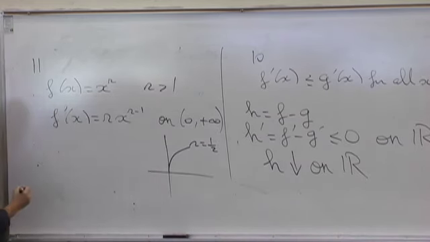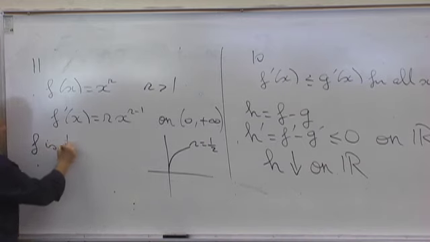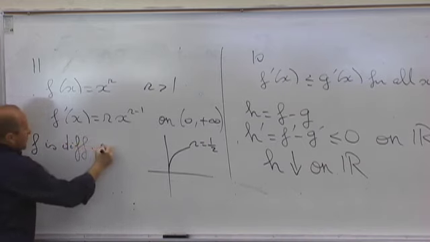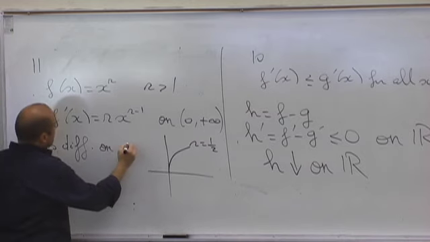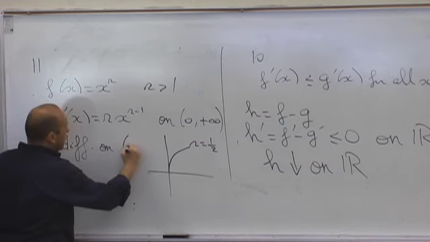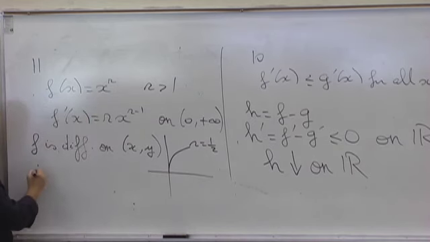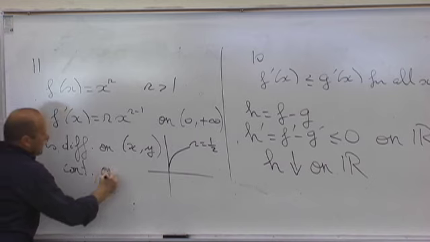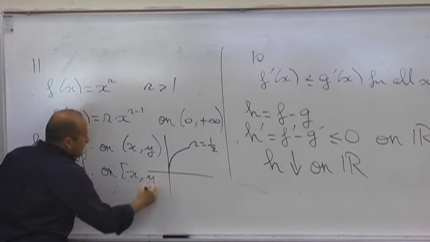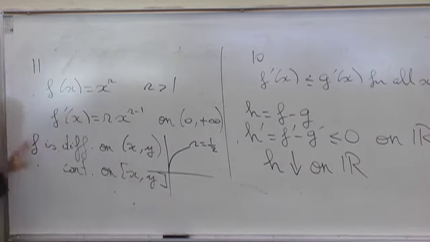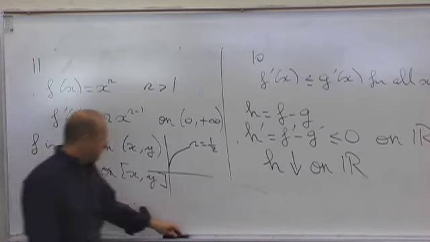So we write that f is differentiable on (x, y), where x and y are positive, and continuous on [x, y], because that's where we are going to apply the mean value theorem.